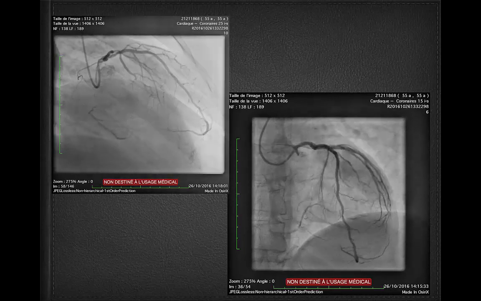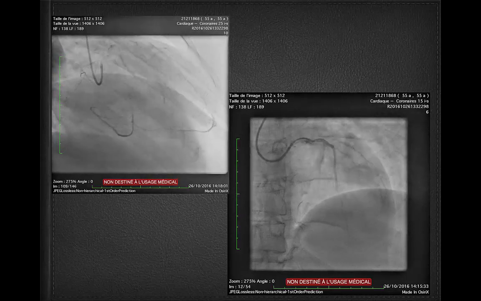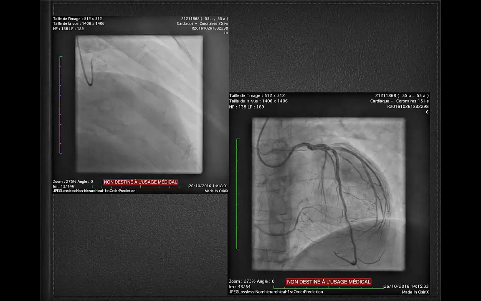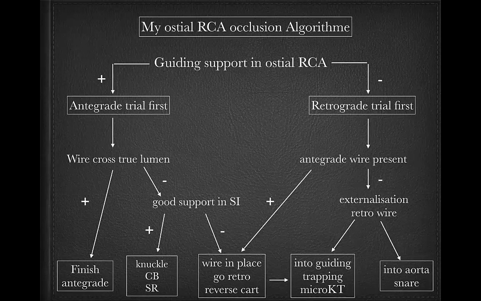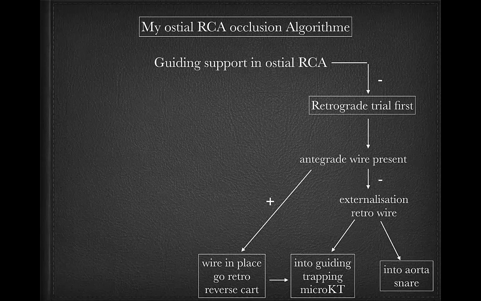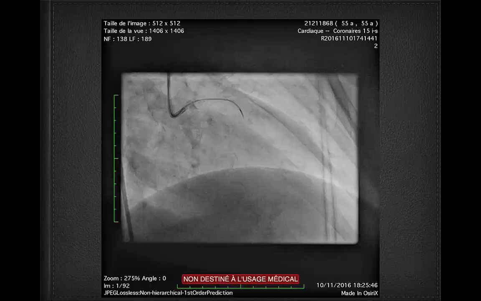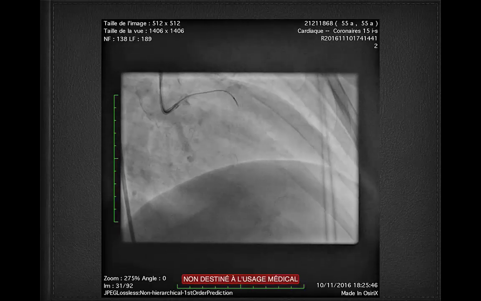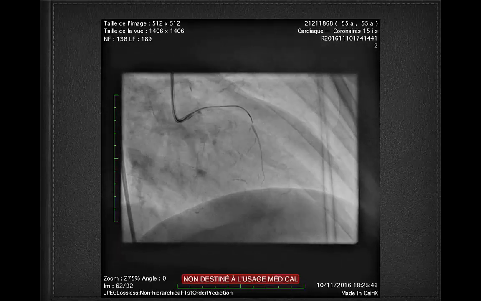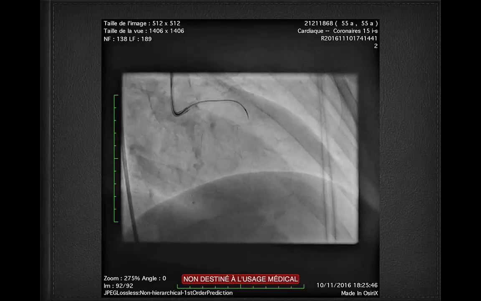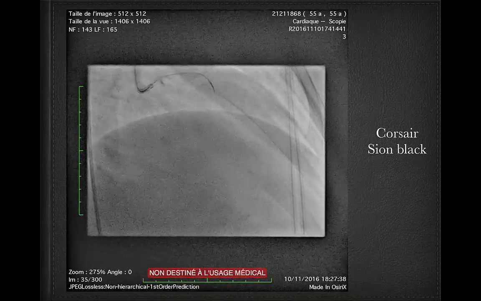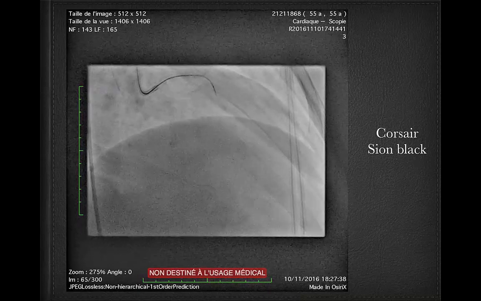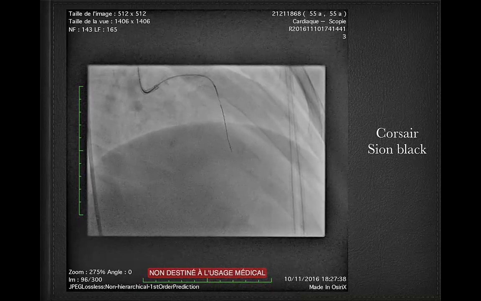So retrograde filling was present. So we are here, retrograde. Antegrade wire was impossible to advance, so going straight retrograde. So tip injection from a Corsair. Then Cyan black. So Cyan black is coming and just surfing.